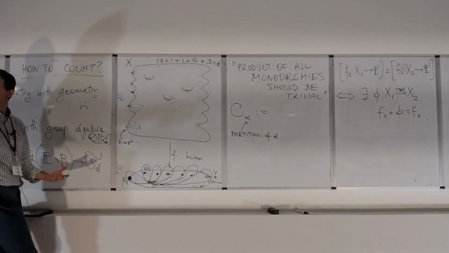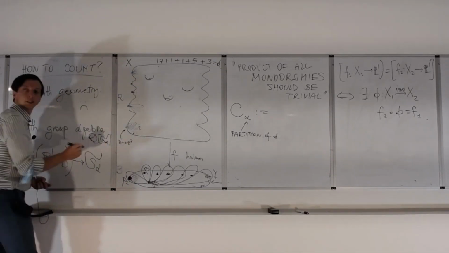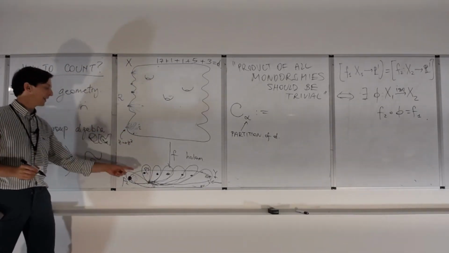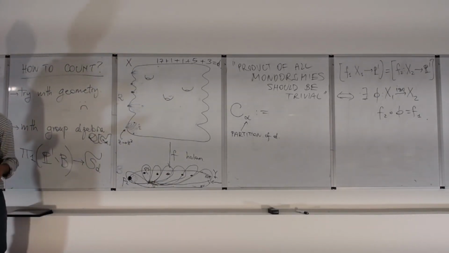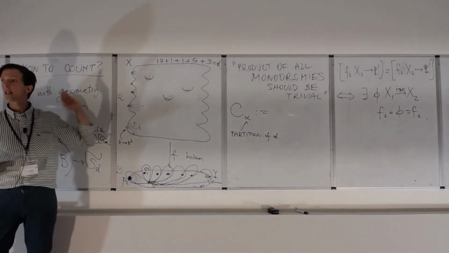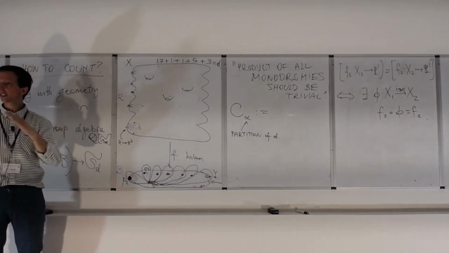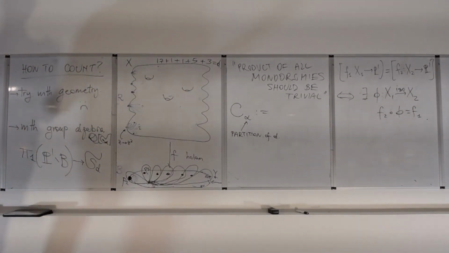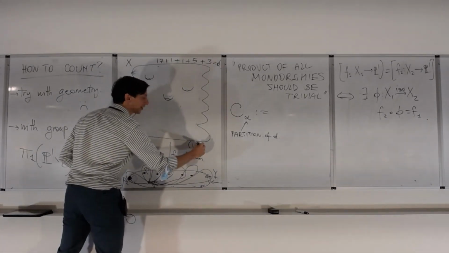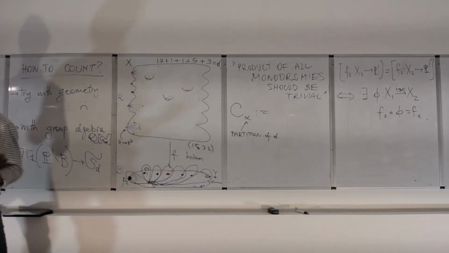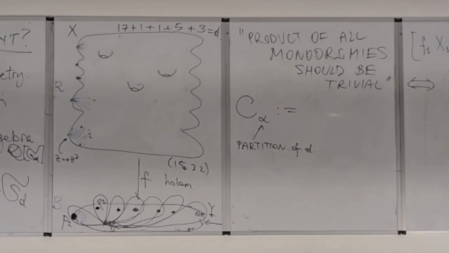Just choose one. You will be on this sheet over here. Now you go around the loop, and then you will end up on another sheet. These sheets are labeled from 1 to D. So you start from 1, you go to the 5th. So you have a permutation whose cycle is 1, 5, 3, 2. The endpoints of the preimage by f of your loop are a permutation. Exactly.